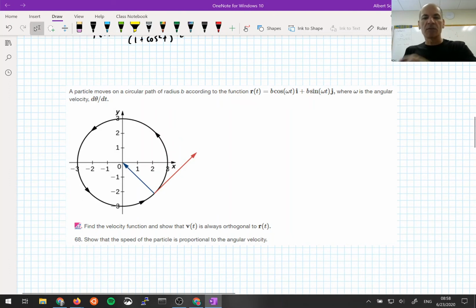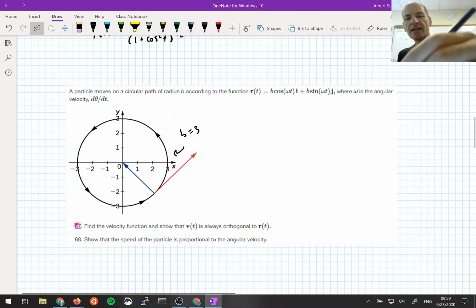So in the image, b would be 3. But we're allowing for b to be any positive value. And omega is what we call the angular velocity. And the larger that omega is, the more, in a sense, powerful the time parameter is. Larger omegas mean faster orbits.